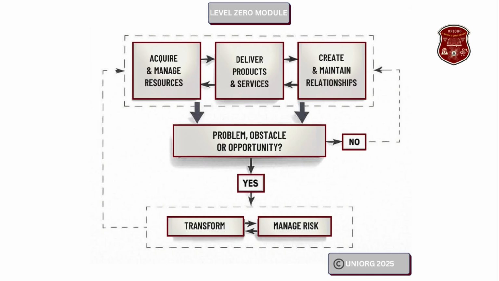Yet, to exist, an organization must have relationships with people and entities. These are customers, suppliers, competitors, the industry, employees, etc. Furthermore, to stay relevant and safe, an organization must transform and reduce its risk exposure. Level 0 captures these functions in a generic way.